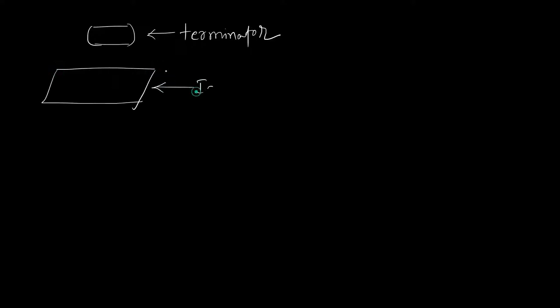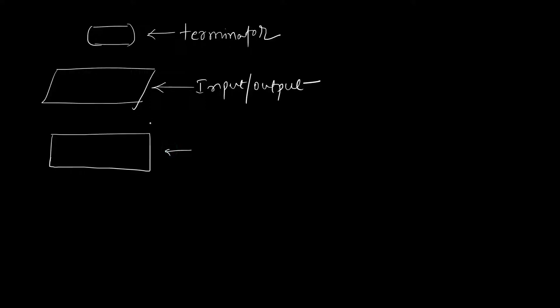This is the input output symbol, right? There is one symbol to show a process, such as arithmetic operations like addition, subtraction, multiplication, division, as well as data movement or data changing operations. This is the process symbol.